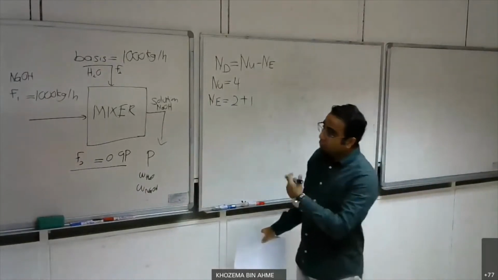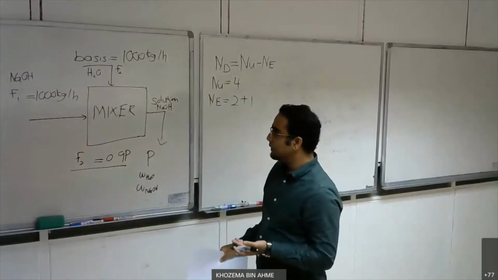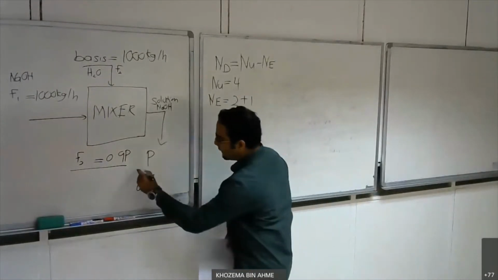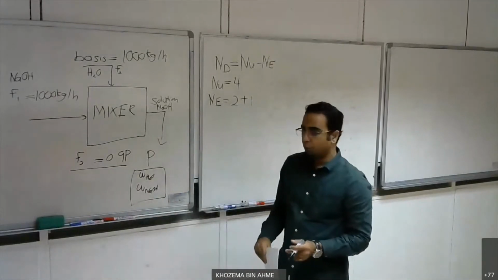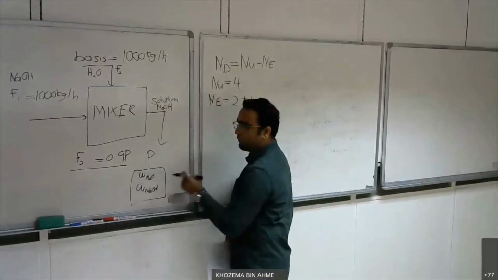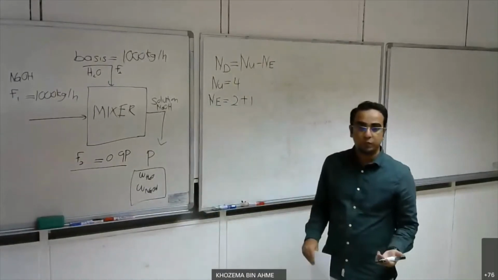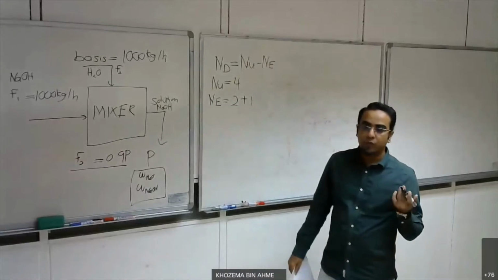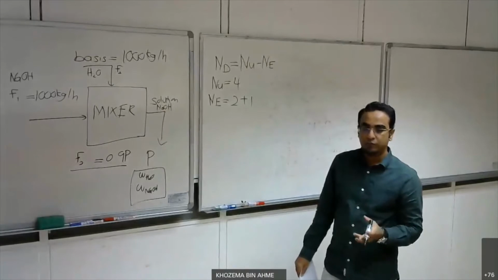So I go back again and I try to find if I have any other relationship. And then I find that I have this relationship, which is the relationship of mass fraction. We say that mass fraction must always equal 1. Doesn't matter how many components you have, if you add all the mass fractions, it must always equal 1.